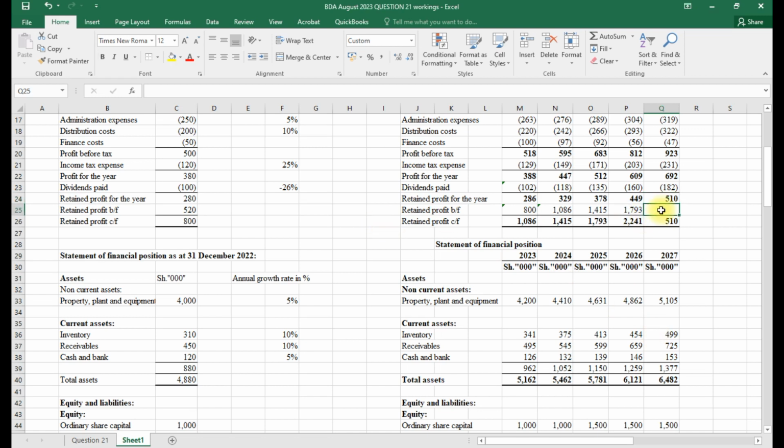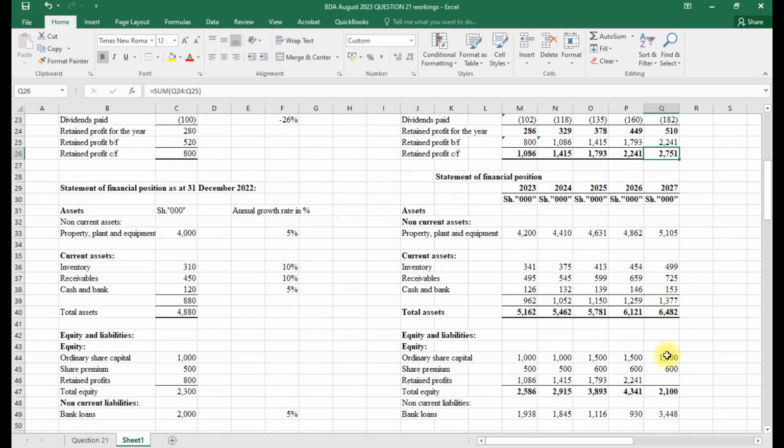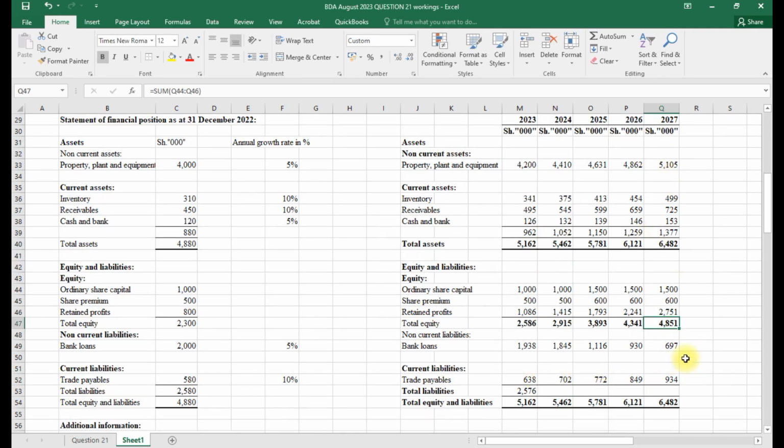For the retained profit brought forward, there is one. You have a carried forward of 2751 here, and get your bank loan by the end of the year as 697. So this one, total liability, you just drag that and it will fix that particular value, and that's all for the first part.